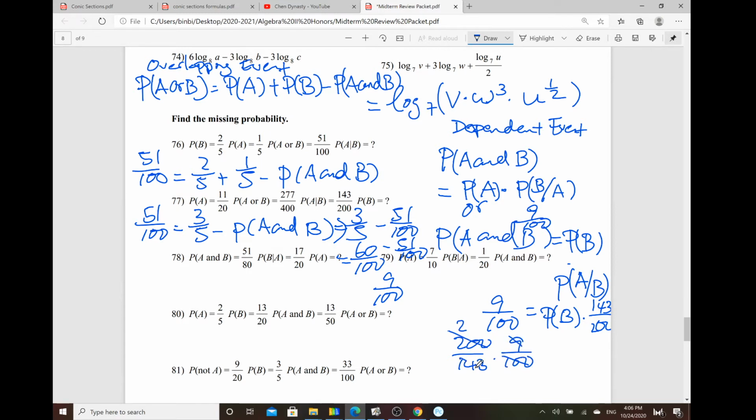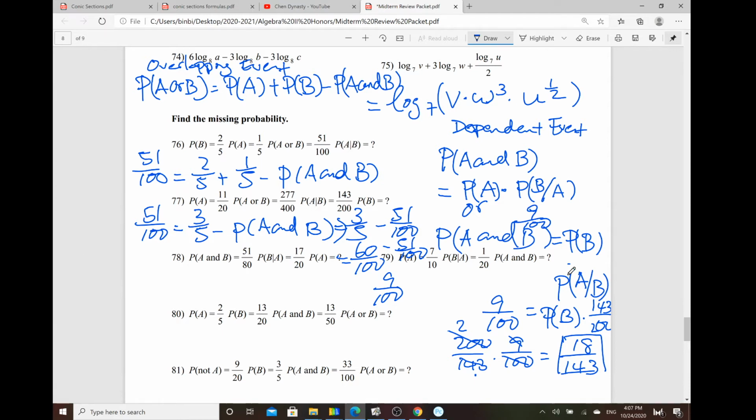And 9 goes into 143, let's see how many times. 153, well that's not divisible, and by 3, that's not divisible either. So this one, just leave that as 18? Multiply them straight across, so 18 over 143. Then that would be the probability of A based upon B.